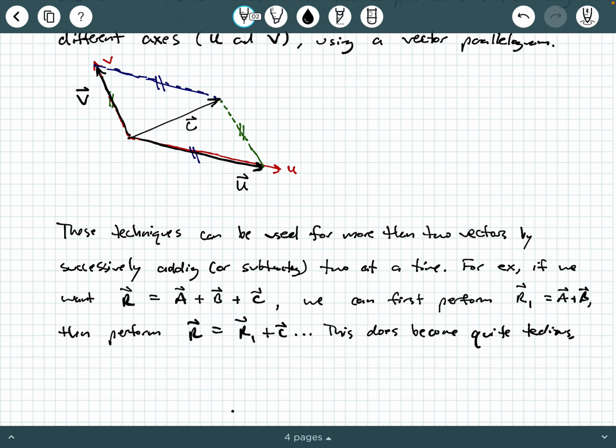I'll also make a note here, most of these techniques require the use of, guess what? Law of sines and cosines, which we've already kind of reviewed in another video, okay?